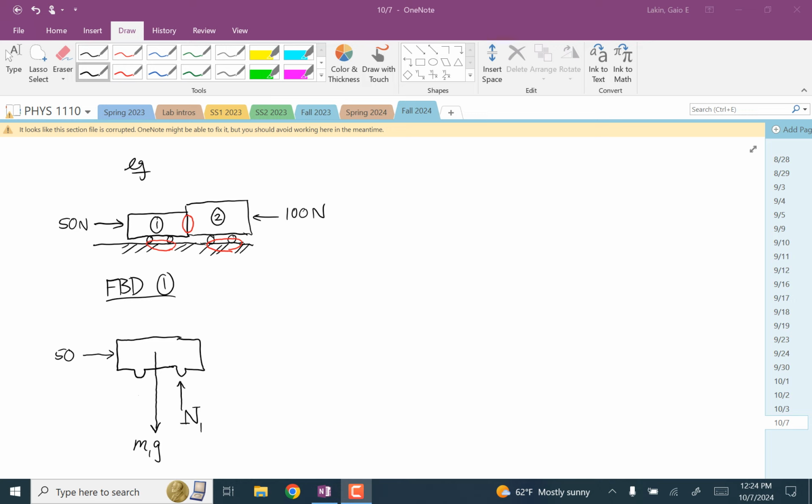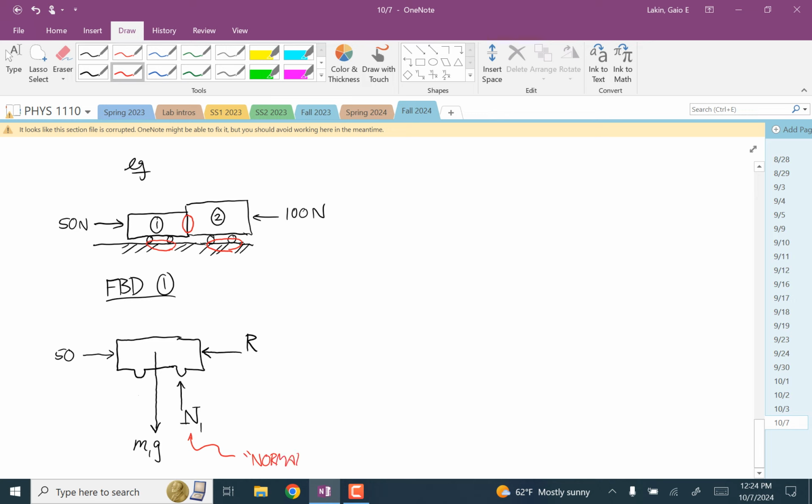And then the second place where the surroundings make contact with body 1 is over here on the right side. That's a pushing force. It's perpendicular to the surface, toward the chosen body, so this way, and I'm going to give that the name R. These N's stand for normal force.